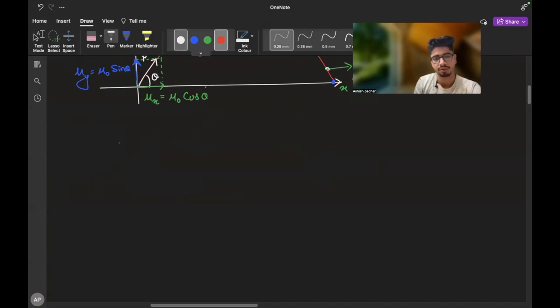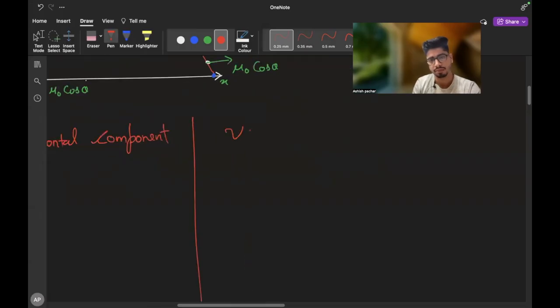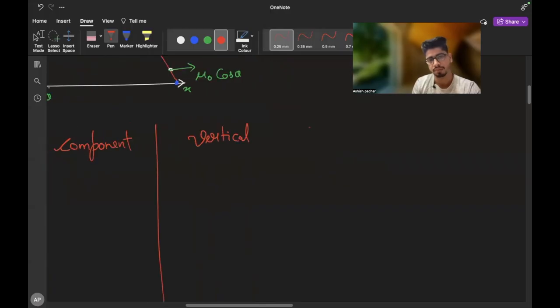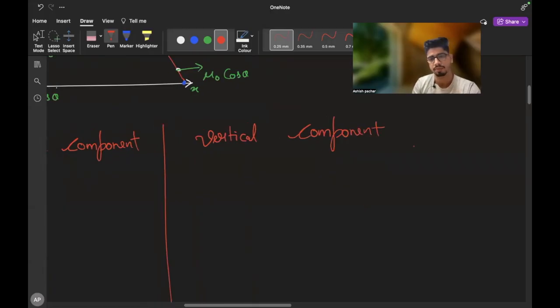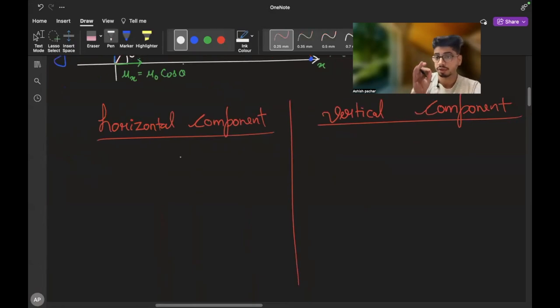Let's write the horizontal component. Horizontal and vertical components are what you have to consider. First, is there any kind of force in the horizontal direction?